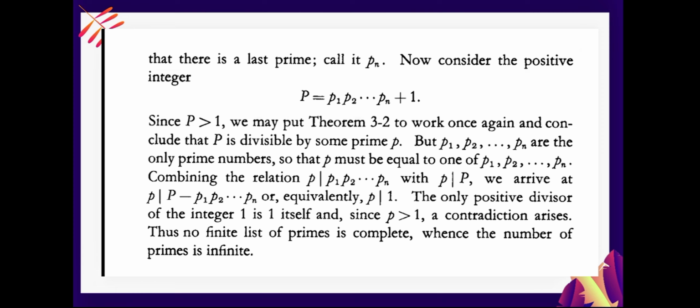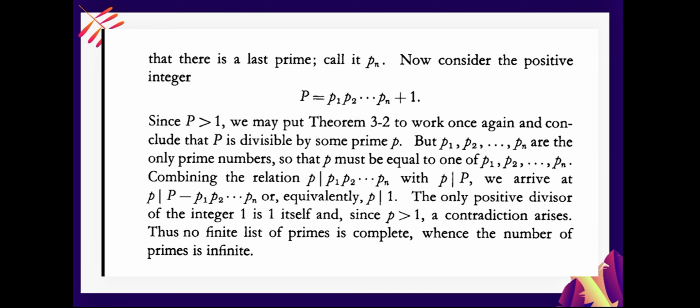Since P is greater than 1, we may put Theorem 2 or 3.2 to work once again and conclude that P is divisible by some prime p. But p1, p2, ..., pn are the only prime numbers, so that p must be equal to one of p1, p2, ..., pn.